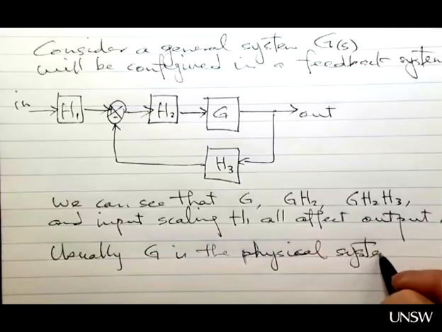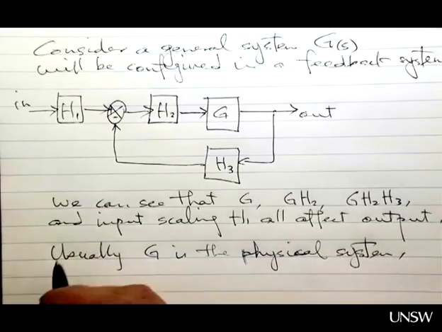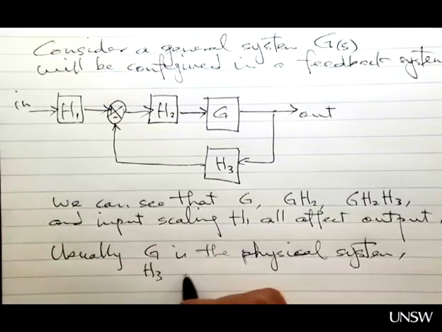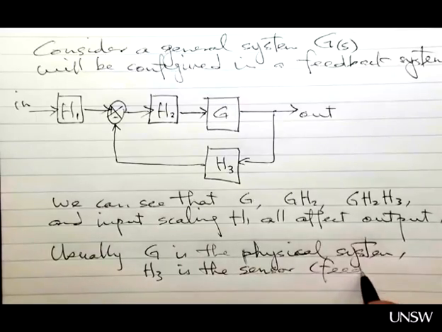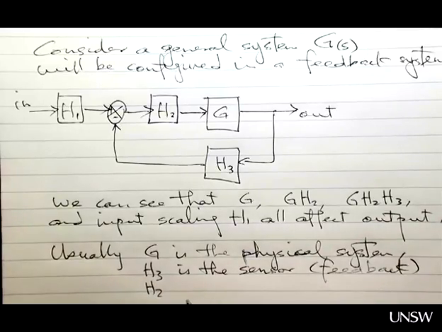H3 is the sensor for feedback. H2 is the controller. And H1 is also a controller.